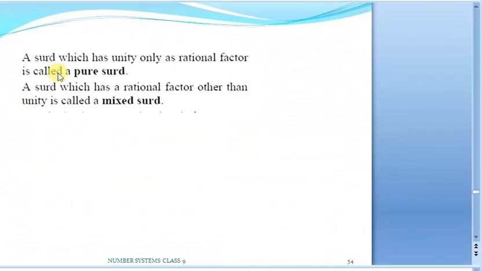Now there are two terms, pure surd and mixed surd. Let us see what they mean. Suppose root 2 is there, is it a surd? Yes. For this root 2, nothing is there for multiplication, so I can assume 1. That means this is 1 into root 2. This surd has only 1 as the rational factor.